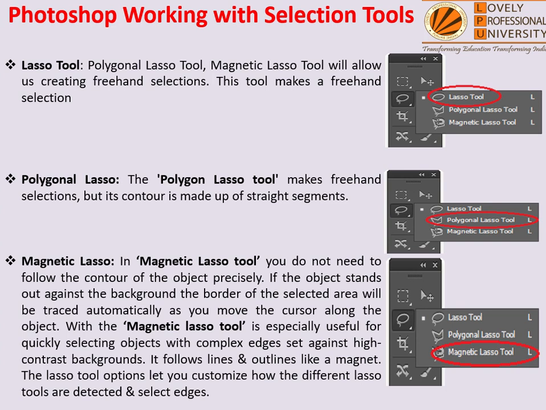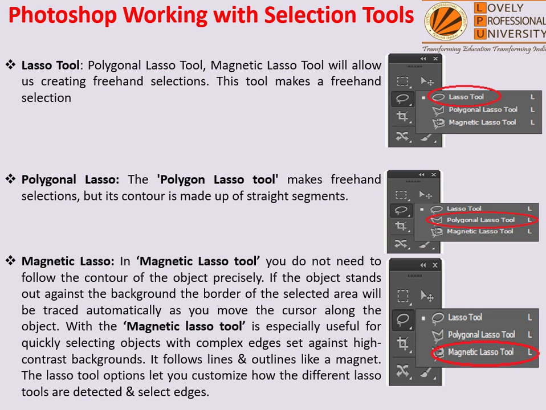Otherwise, you can go with the lasso tool if a freehand selection is required. Magnetic lasso is again a very powerful tool. It will try to get the precise object selection. You simply have to move your hand, and automatically it will smartly detect an object and do the selection. This is one of the best and my favorite tools. You can use the magnetic lasso.